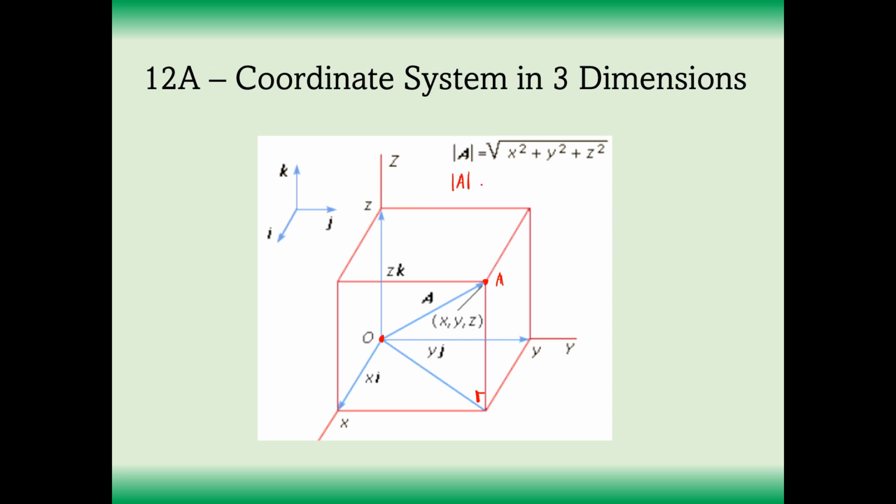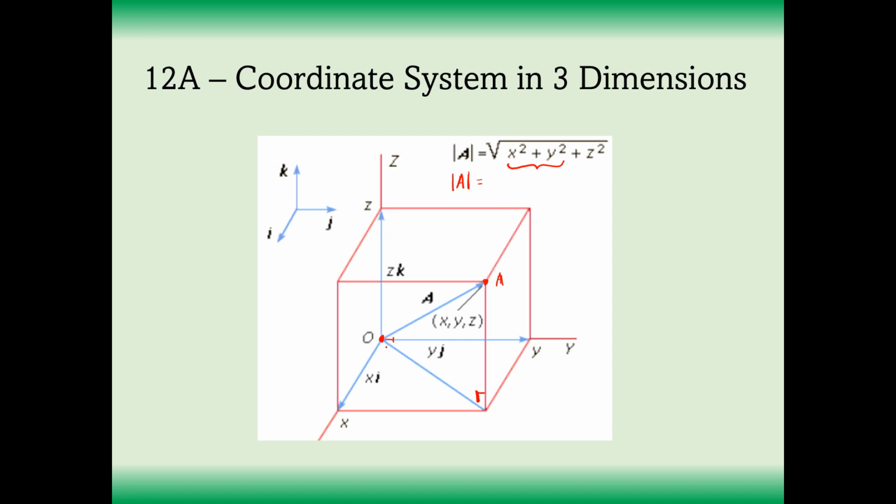The word magnitude simply means the length of the vector in whatever units the x and y coordinates are measured in. So why and how is it that we are sticking three dimensions under the square root?